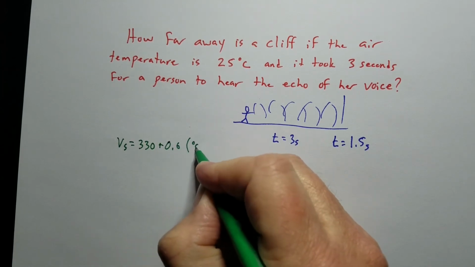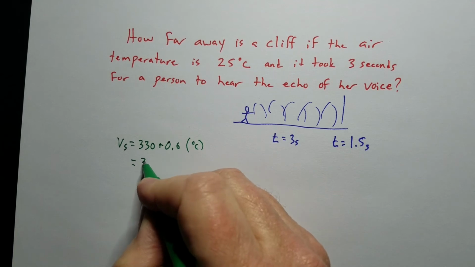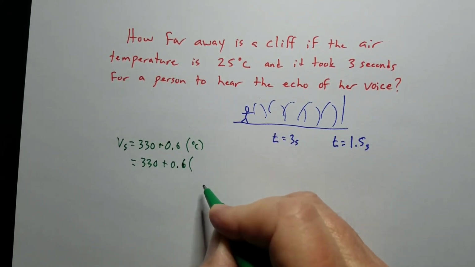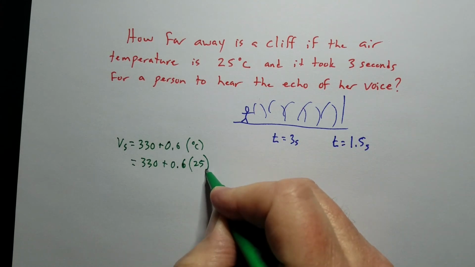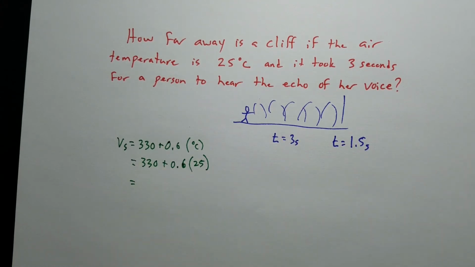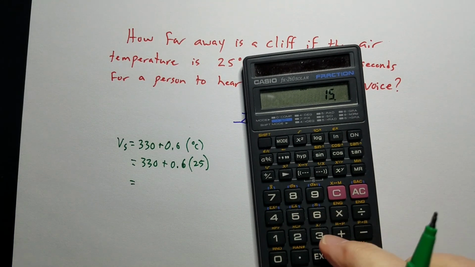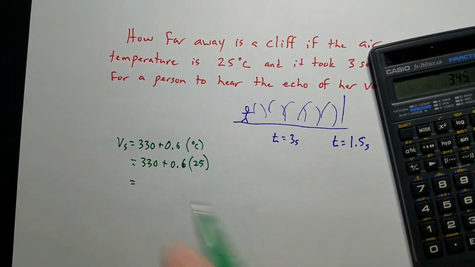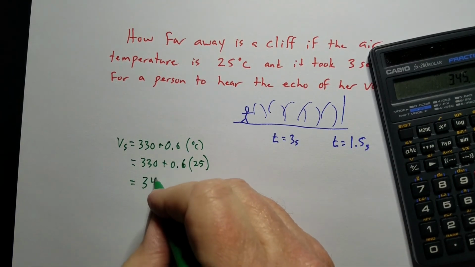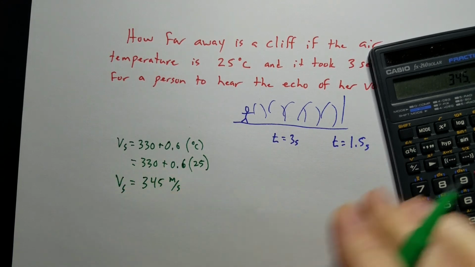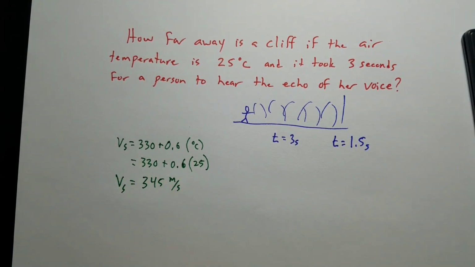0.6 times degrees Celsius. So 330 plus 0.6 times the temperature, which is 25 degrees. So 0.6 times 25 plus 330 gives me 345 meters per second is the velocity of sound. And again, this one is not asking for a wavelength, a frequency, a period.